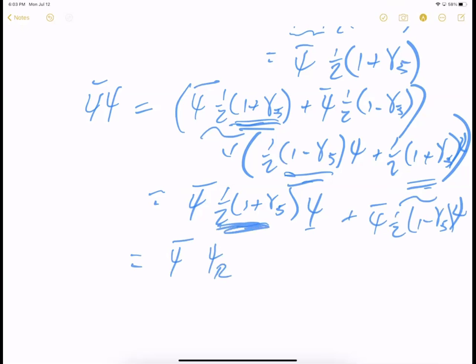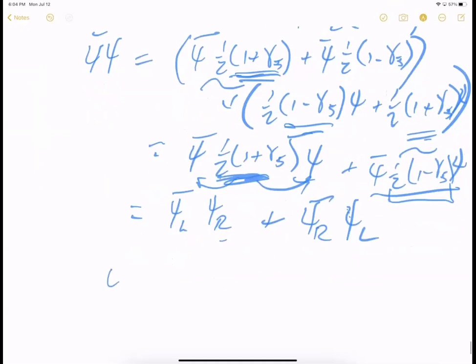I can write this as its own square and let one of them act on psi to give me a psi right, let the other one act on psi bar, that gives a psi bar left. And then this term, I can write as that times itself, and that's going to be a psi right bar times a psi left. And so psi bar psi is a product of a left bar with a right and a right bar with a left.